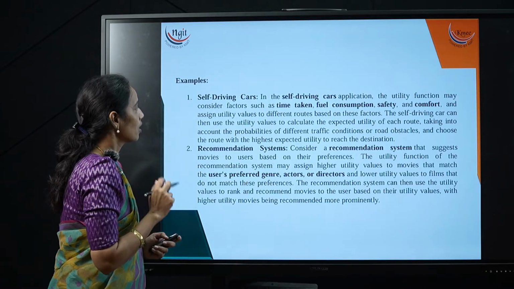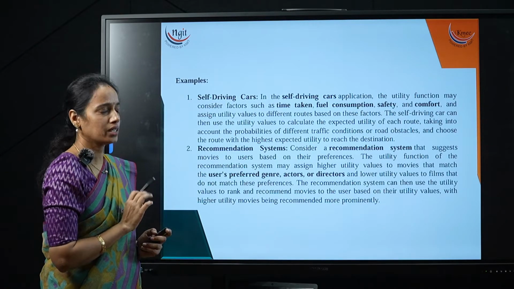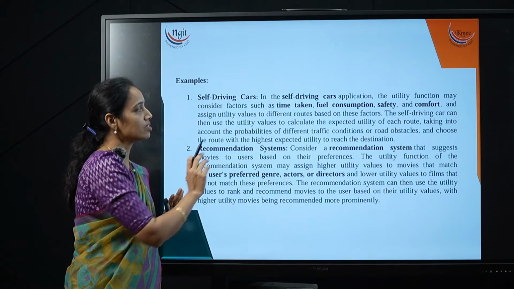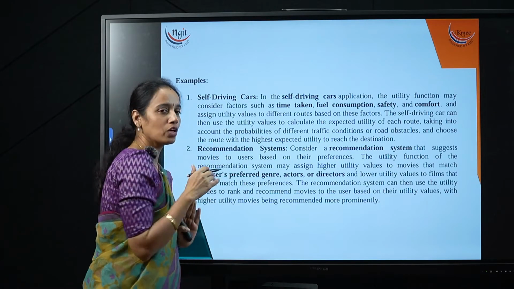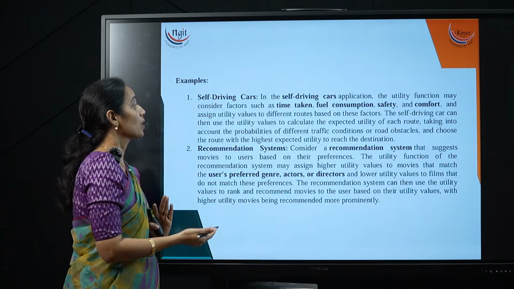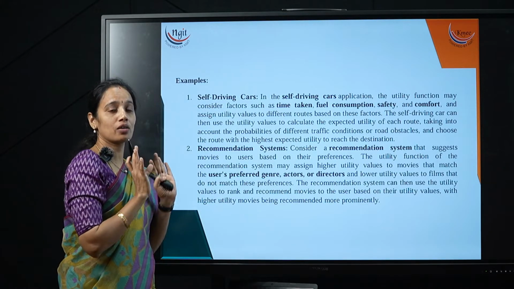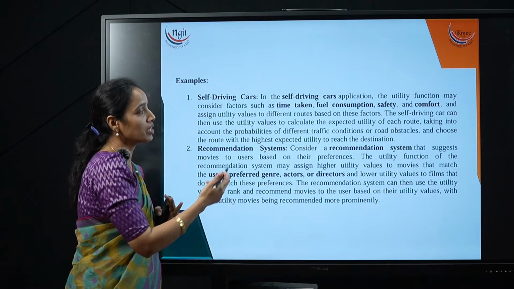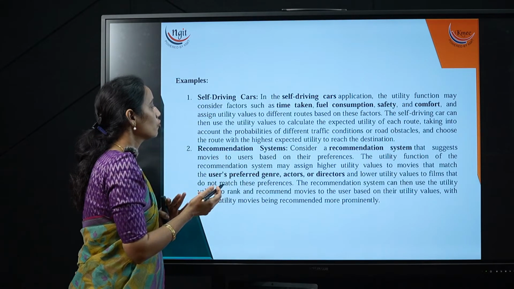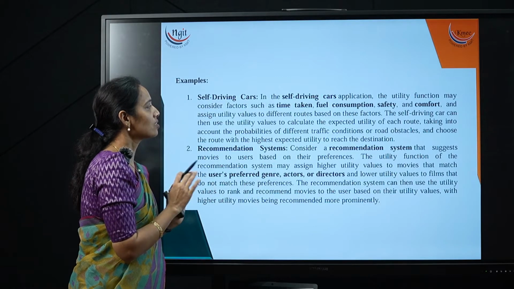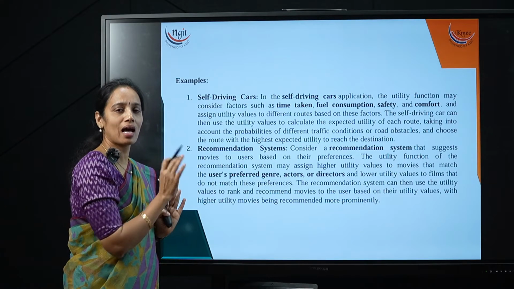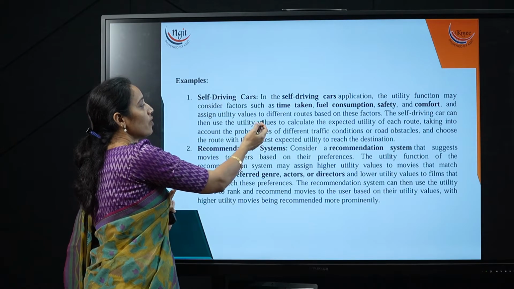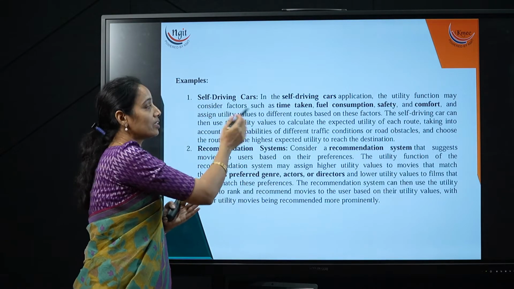Then let us see an example of this utility theory: self-driving cars. If we consider the self-driving car application, what do you think the utility function may be? We can consider factors such as time taken, fuel consumption, safety and comfort, and these are some of the factors we consider as utilities. We assign different utility values to different routes based on these factors.